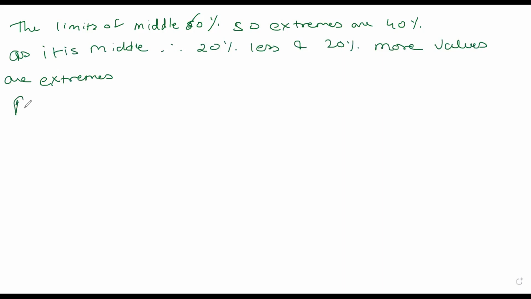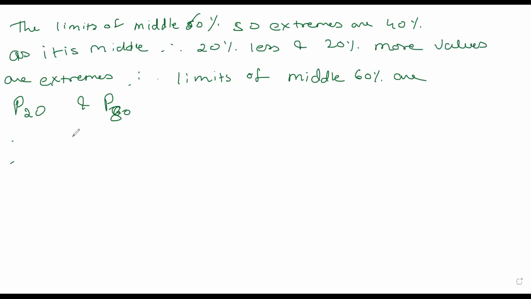So we have to find P20 and P80, as below P20, 20% of the values lie, and above P80, 20% of the values lie, which are ignored. So these are the limits of the middle 60%. Therefore, the limits of the middle 60% are P20 and P80.